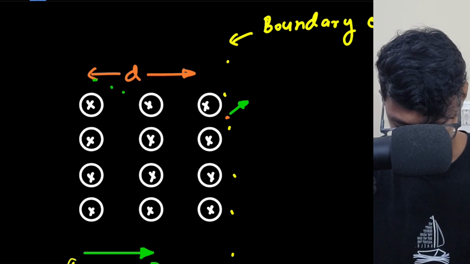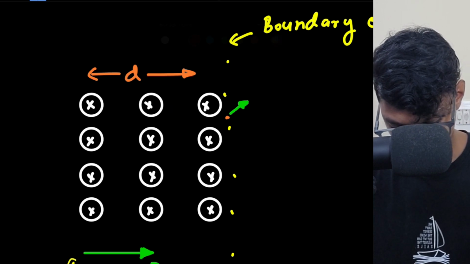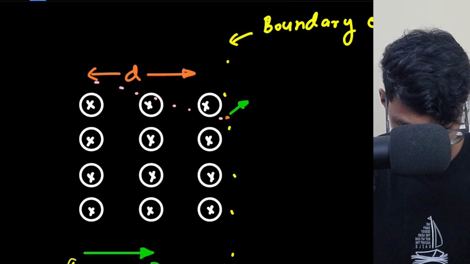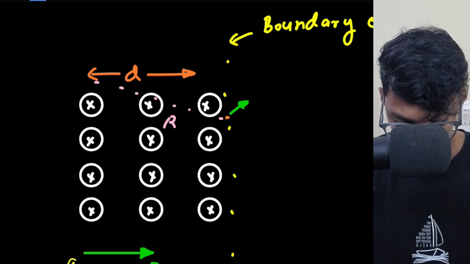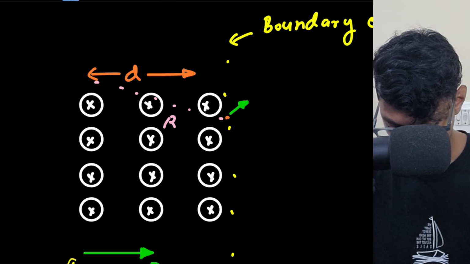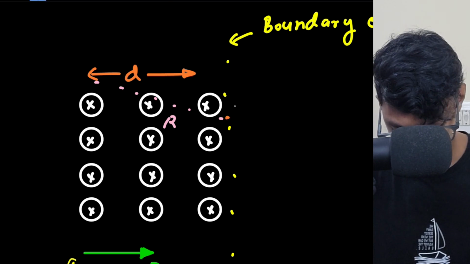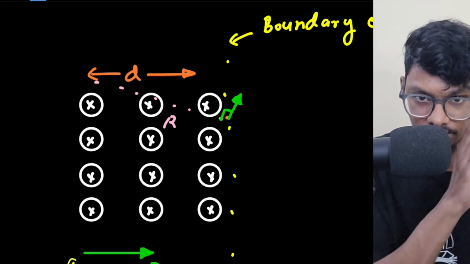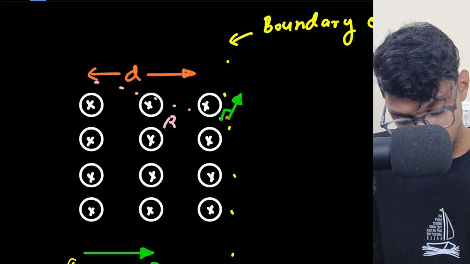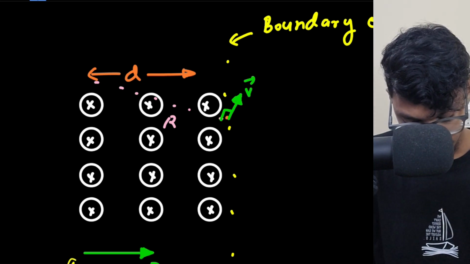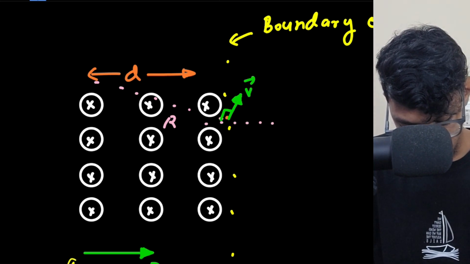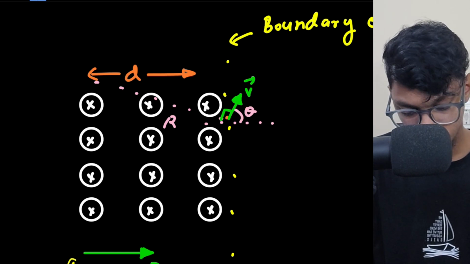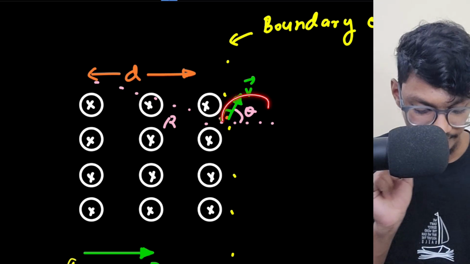That's how the force works. So the velocity vector is here, and with respect to the normal, this angle is theta. I want you to find out the value of this angle theta.